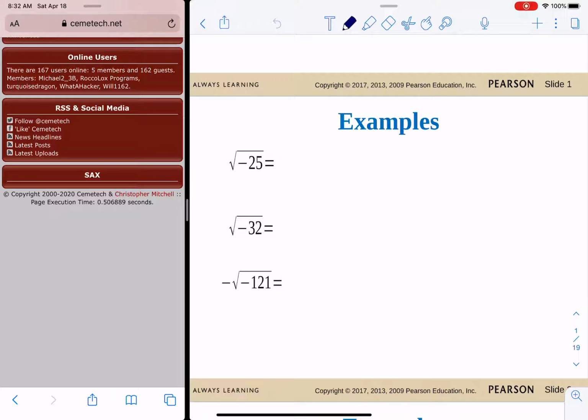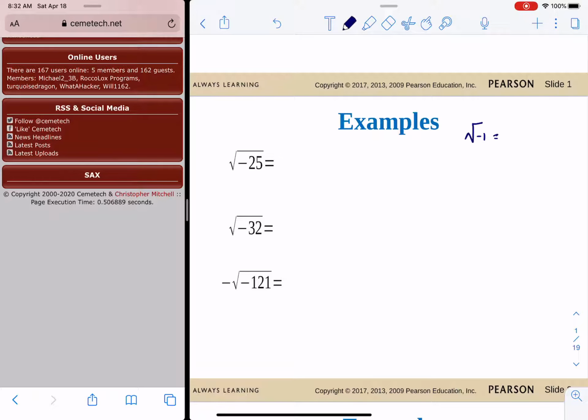So this lecture is on complex numbers, and complex numbers occur when you have to take the square root of a negative number. The square root of a negative number is not real, it is imaginary.